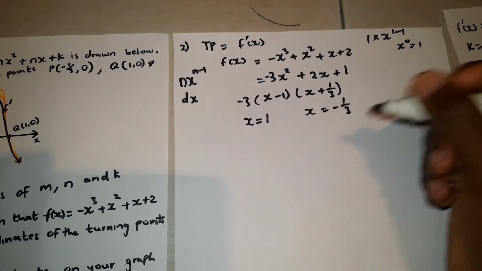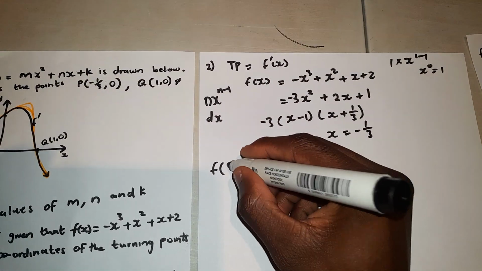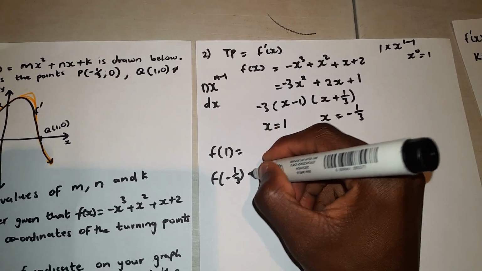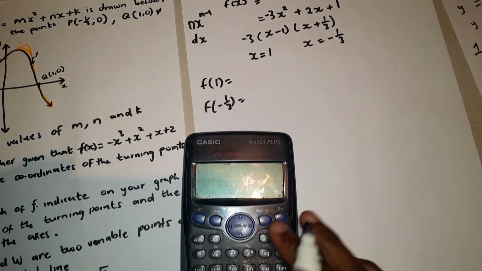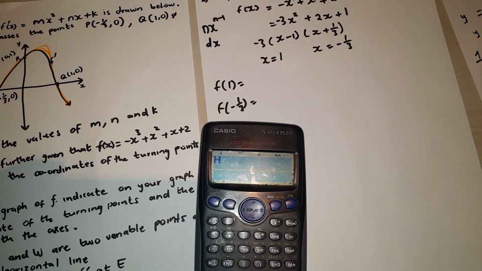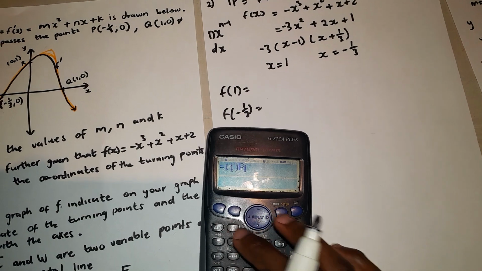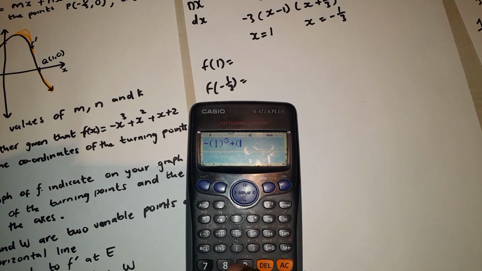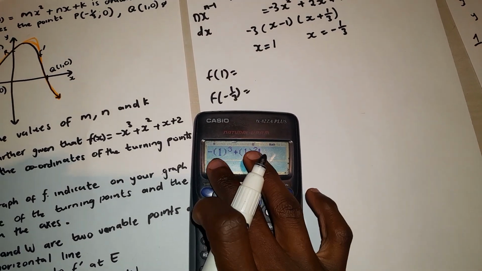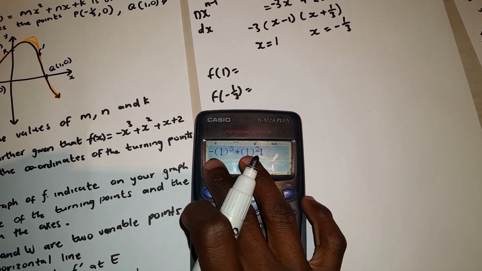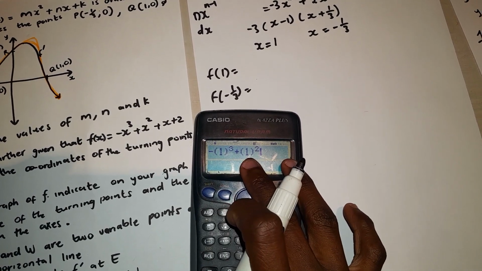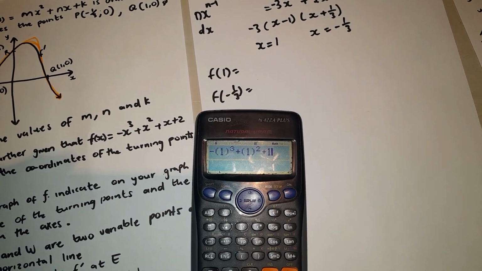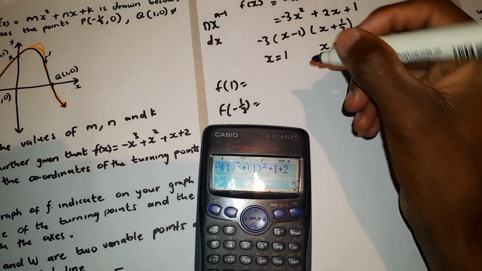Now we substitute into the original equation to find the y values. Let's do it here. Minus 1 to the power 3 plus 1 squared, which is minus 1, then 1 should give us 0, plus 1 plus 2 gives us 3.